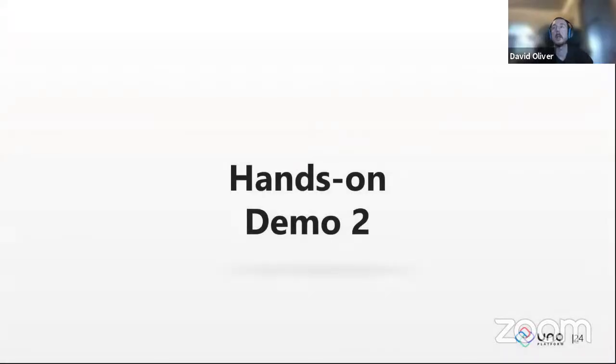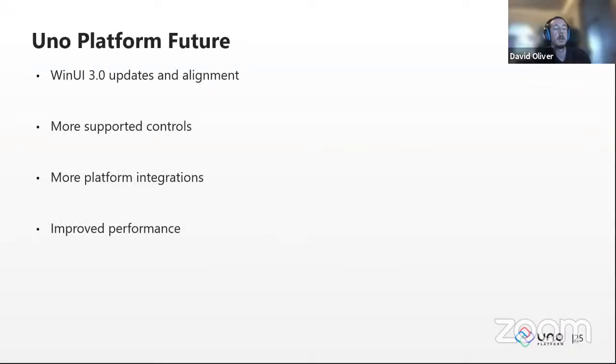So that's bringing me towards the close of my presentation. What have we got in plans for the future for Uno? One big thing that's happening right now is that WinUI 3, the next evolution of UWP, the next evolution of Microsoft's native framework, is being released. So we're tracking it every step of the way.